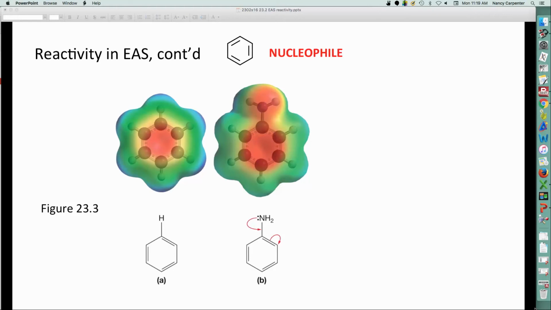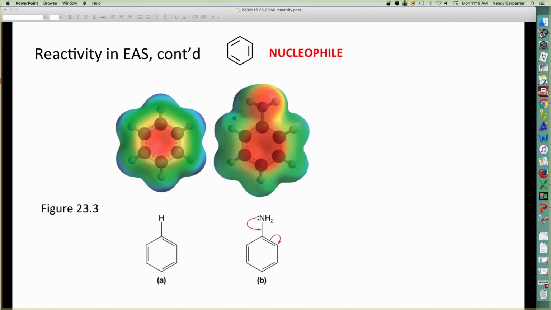So here is benzene compared to aniline, and what you can see, I hope, by comparing the electrostatic potential map of benzene on the left to that of aniline on the right is that, use your imagination if you need to, that's a little bit more red. There's a little bit more electron density built up in the ring for aniline.